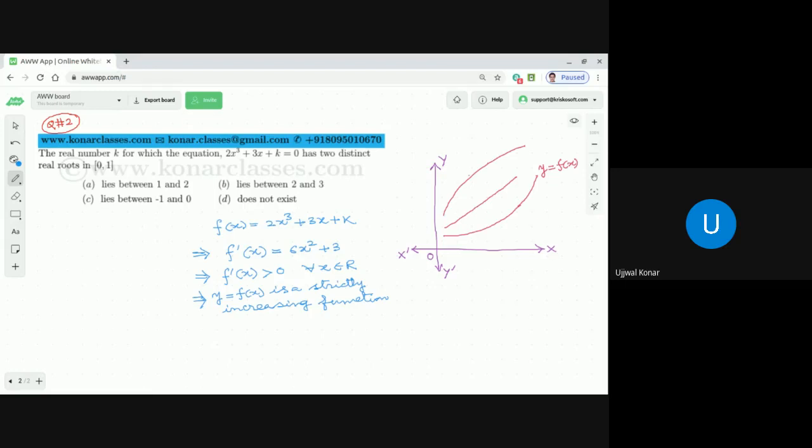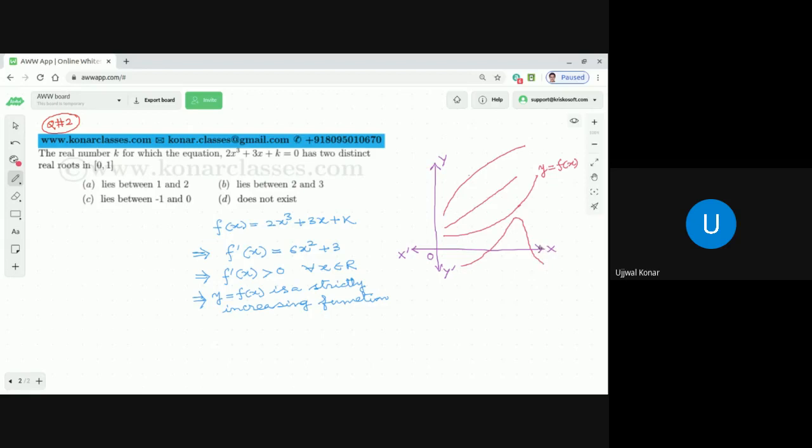Why not possible, dear students? Fx equal to 0 can have only one real root. Why? Because if you draw the curve for fx, the curve could be something like this. Increasing, and it will not come back again and cross the x-axis. You cannot get the root.